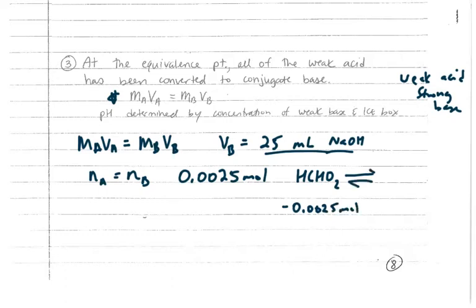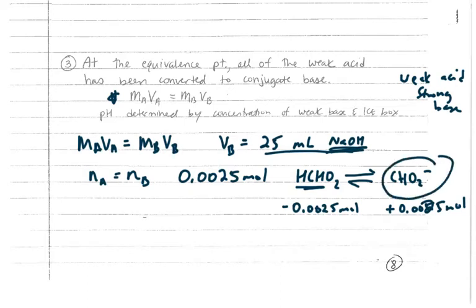And since this is an equilibrium with its conjugate base, we are adding 0.0025 moles of this. So although we completely neutralize the acid with the base that we add, what we end up with is actually a little bit of base.